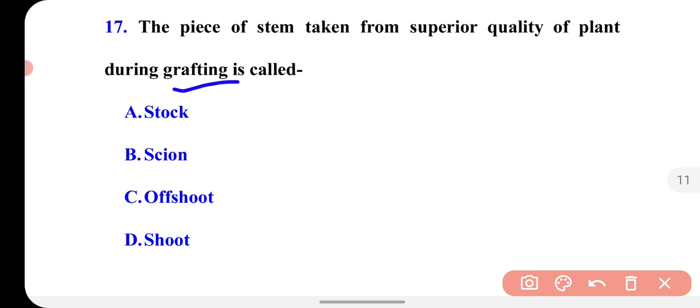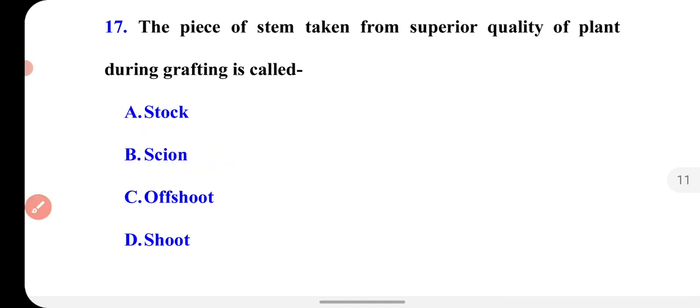The piece of stem that we take from the plant to join has the superior quality, and it is called scion.